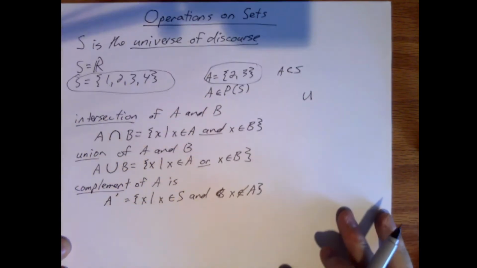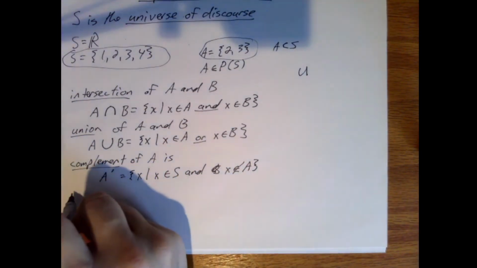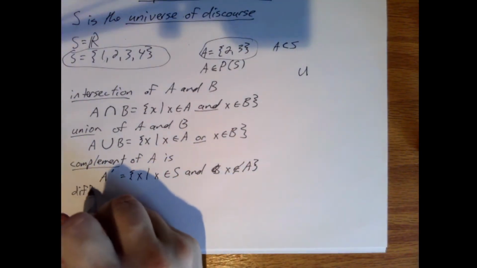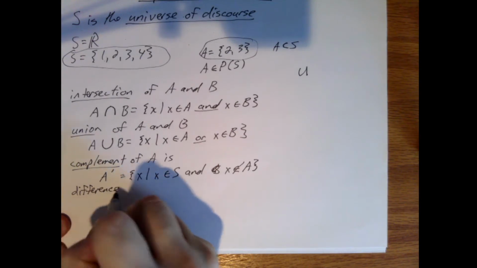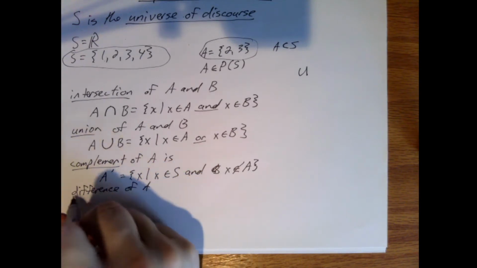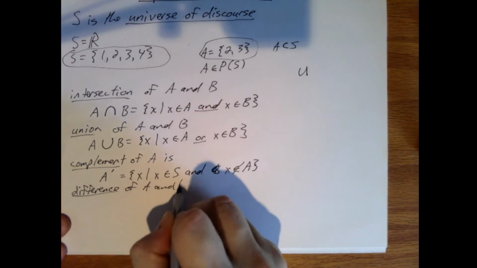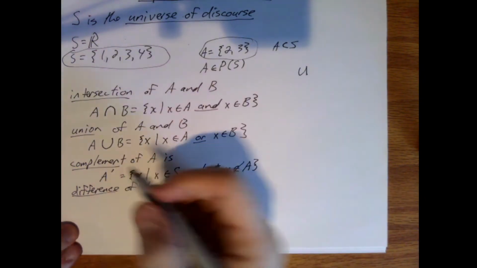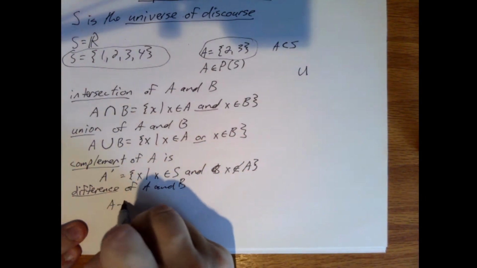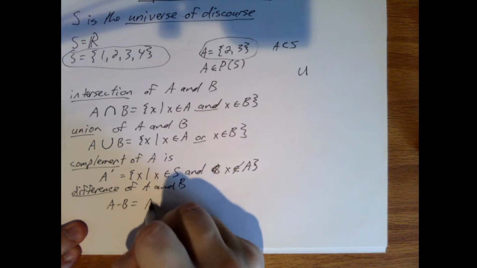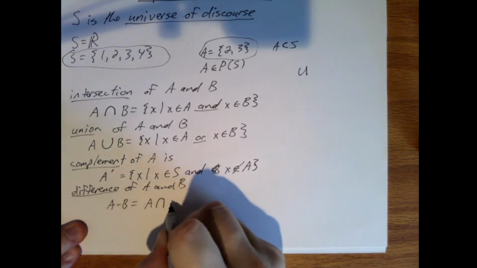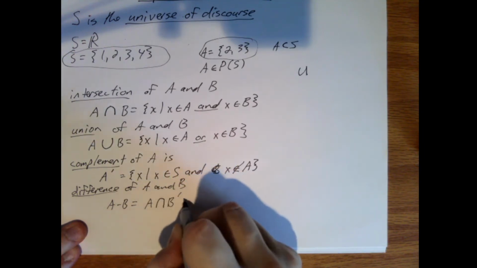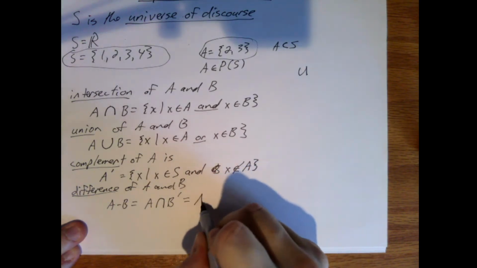Okay? And then we'll write one last thing here, the difference of sets. The difference of A and B we would typically write like this, A minus B, which is equal to the intersection of A and the complement of B. And sometimes we also write it like this.